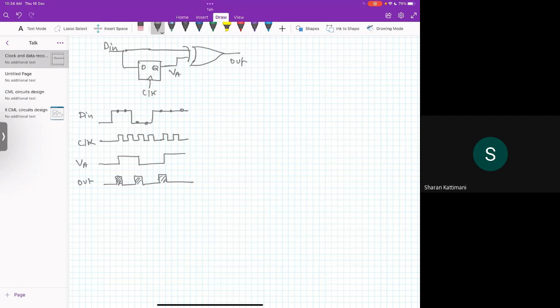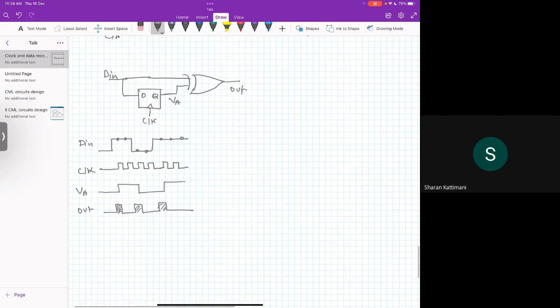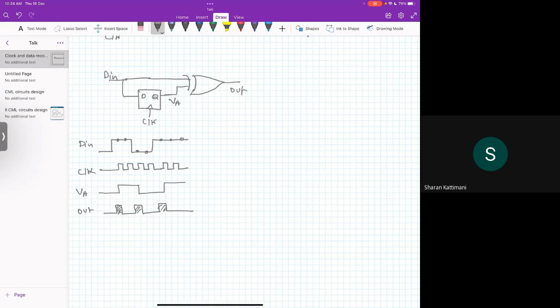Okay, so the out is Dn XOR VA. Here you can see this is called a linear phase detector.